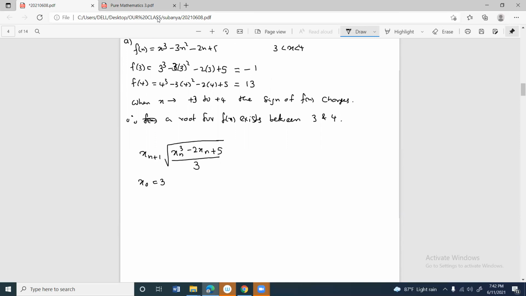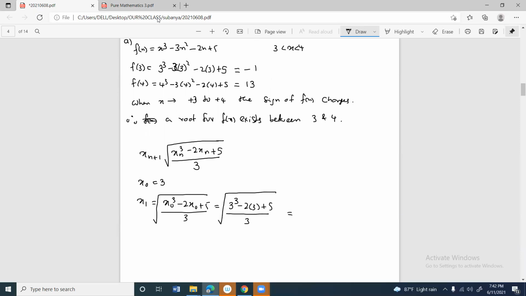Let's work this out. So x1 is equal to how much? Here this is x0 cube minus 2x0 plus 5 divided by 3, the square root of it. So it turns out to be 3 cube minus 2 times 3 plus 5 divided by 3, the square root of it.